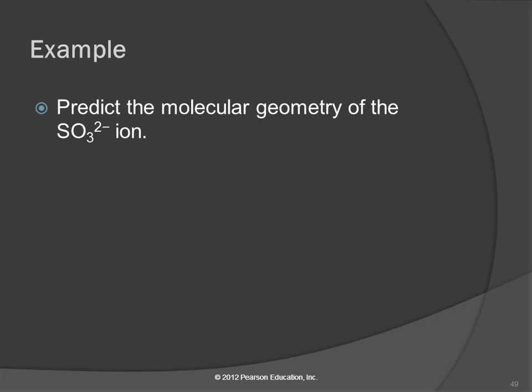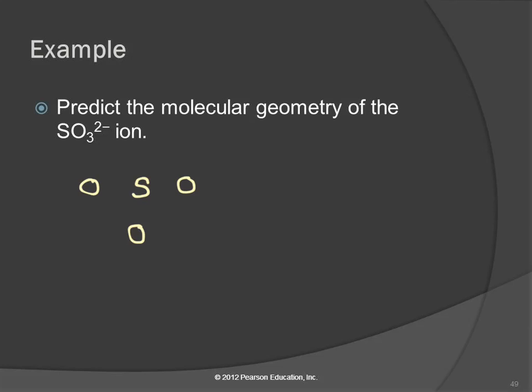Let's do SO3 2-, sulfite ion. Well, we've got 1 sulfur and 3 oxygens. What's probably going to be in the middle? The sulfur, right? Yes, it's going to want to be symmetrical if it can. So I'm going to put the sulfur in the middle. Oxygen, oxygen, oxygen. Now we count up electrons.